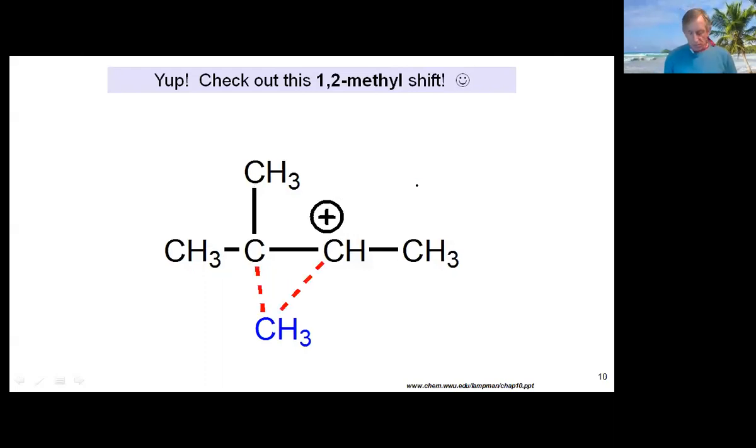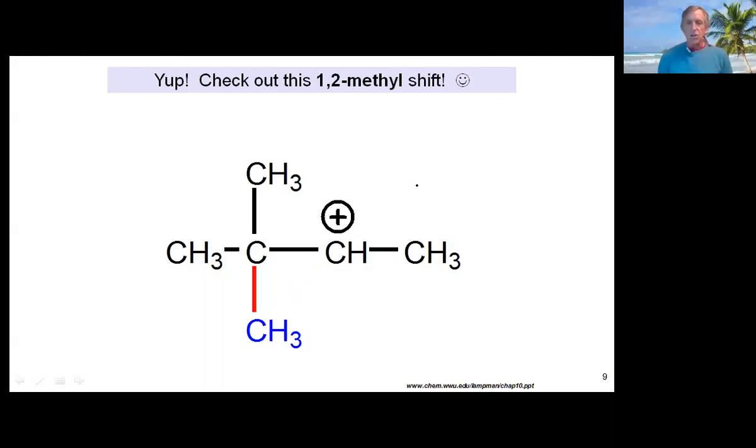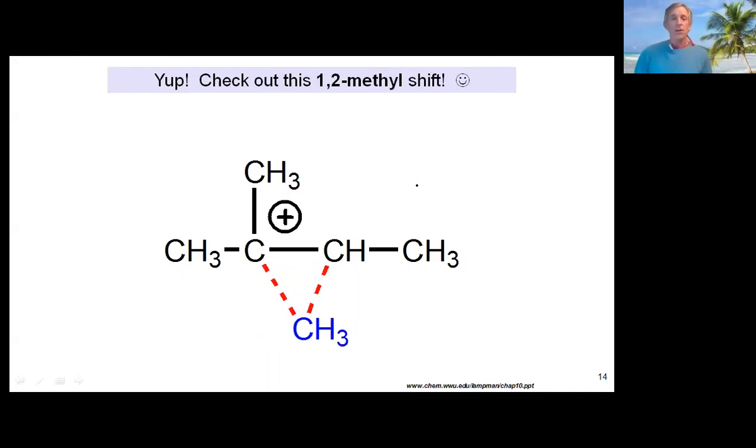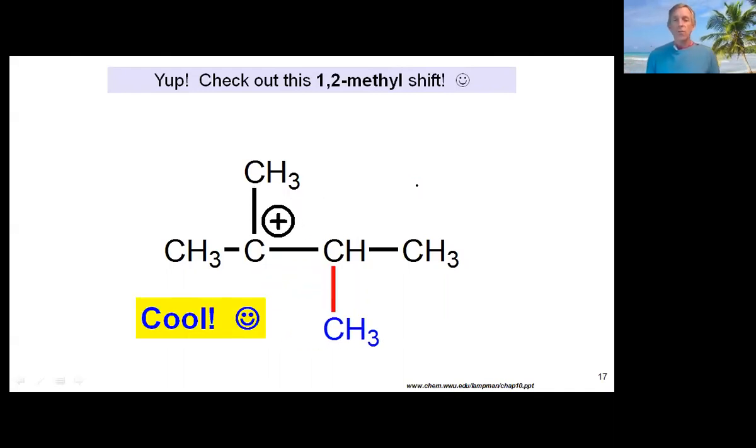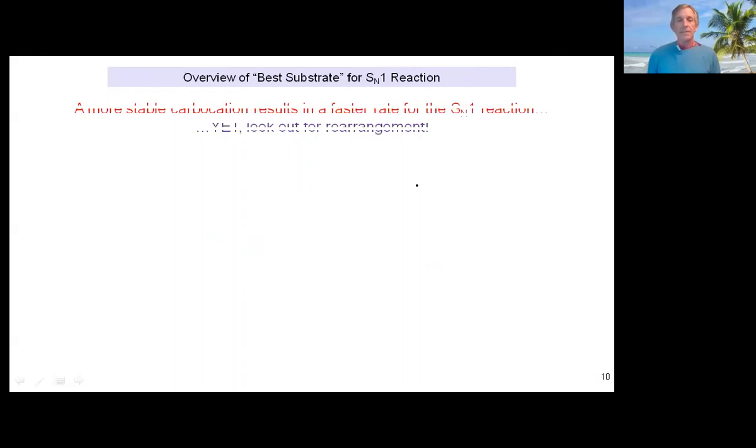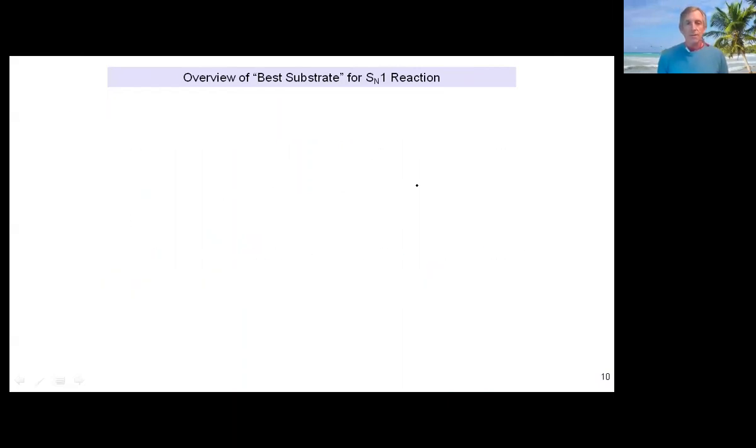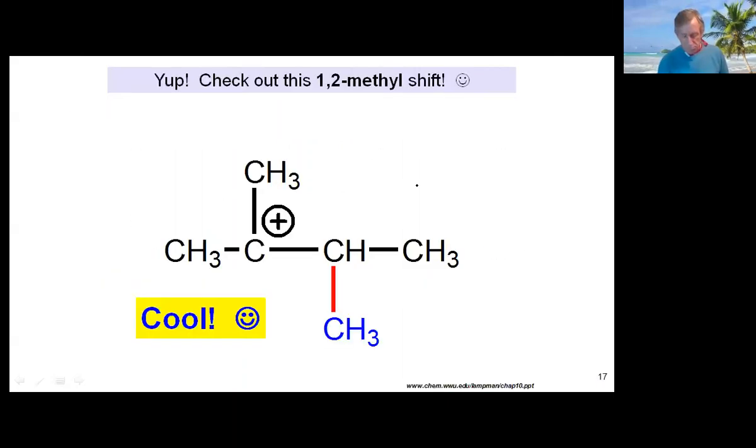And notice the reason it'll want to do this one is because I'm starting on a secondary carbocation again, and it's sitting not next to a tertiary carbon, but next to a quaternary carbon, right? So watch what can happen here. This bond will just move over. And now it's made this beautiful tertiary carbocation, happy days, and we've done a methyl shift.